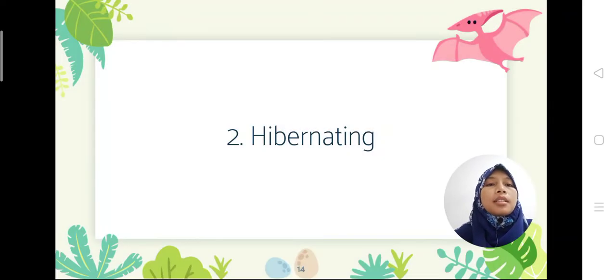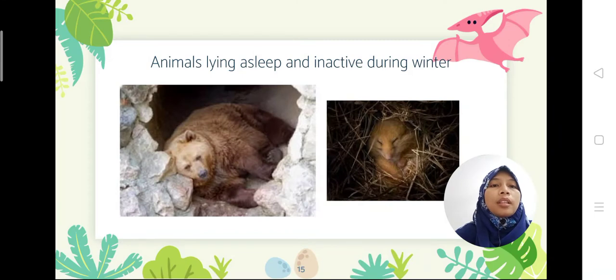Next is hibernating. Do you know what hibernating is? I'm sure you have heard about this before, right? Hibernating is when animals lie asleep and inactive during the winter, because the winter is very cold, so they just fall asleep until summer comes. Why do they do this?